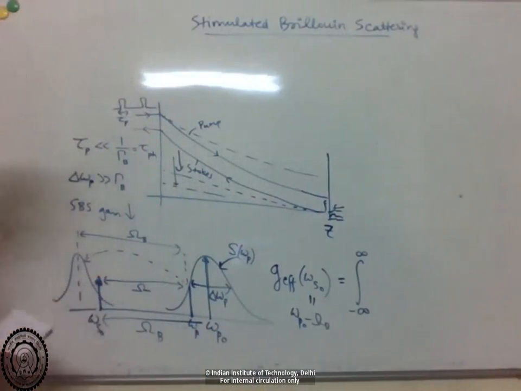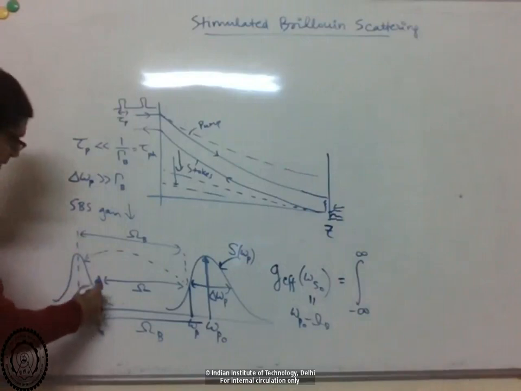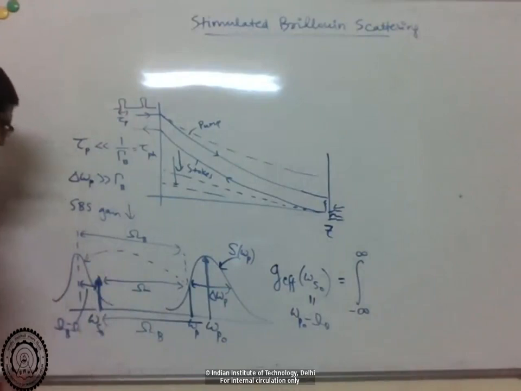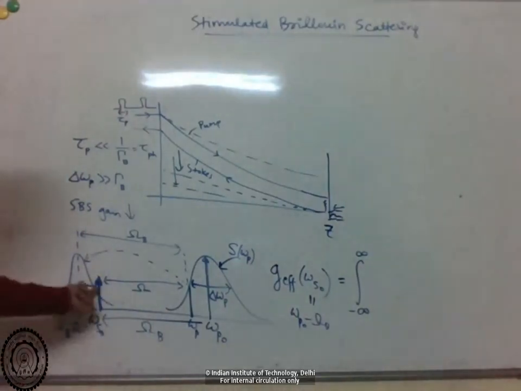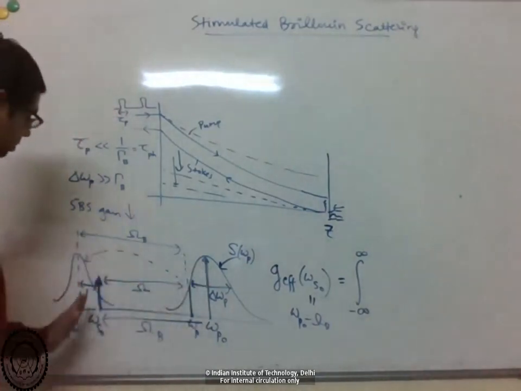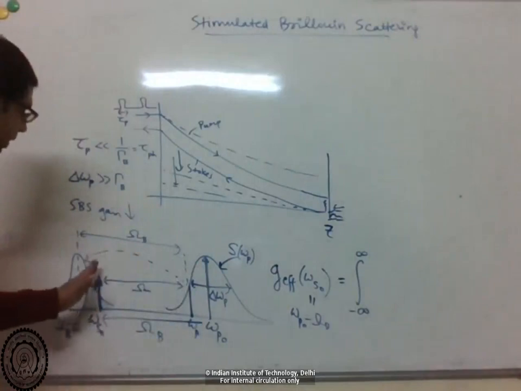You can see that this omega s naught is now away from the gain peak due to this frequency by omega b minus omega. That's the detuning from the gain peak. If I change the frequency, this will shift and be detuned by a different amount.